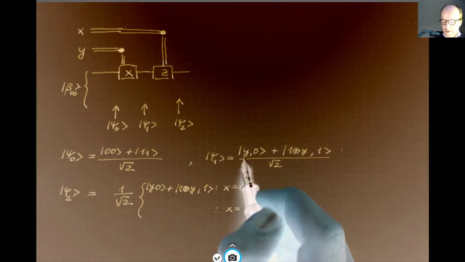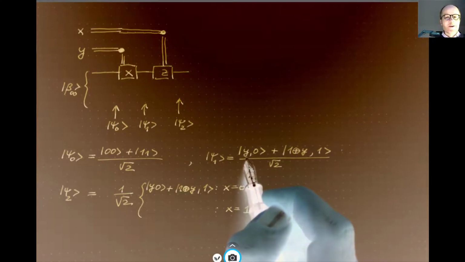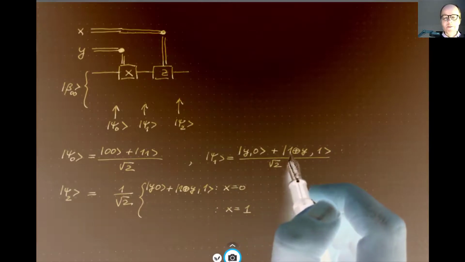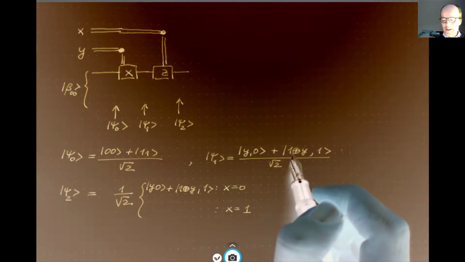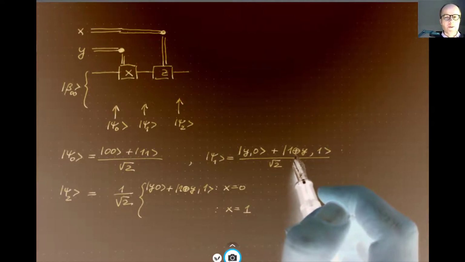The basis state y acquires a prefactor -1 depending on whether y is equal to 0 or 1. And here the 1 plus y also acquires a factor -1 if 1 plus y is equal to 1.